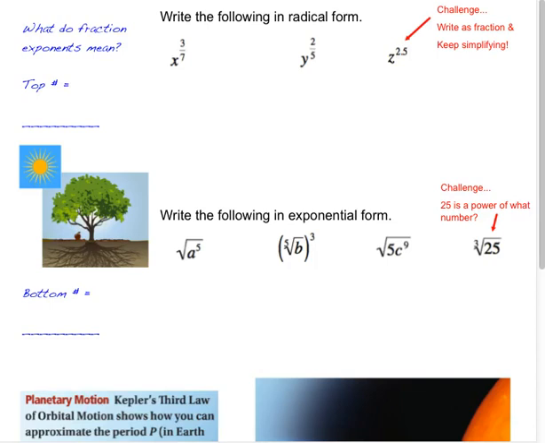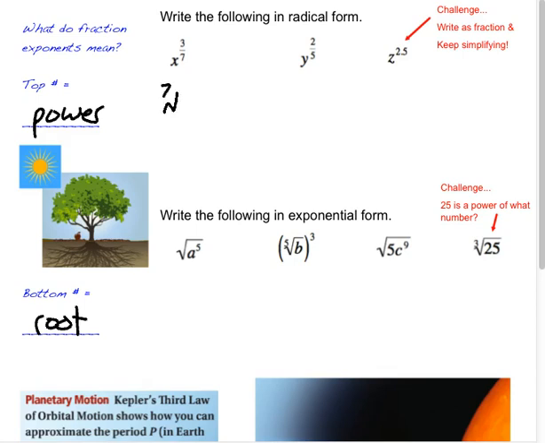So let's take a look at these. The top, remember, is always the power, like solar power, the sun. The bottom, think of the roots of a tree. The bottom is going to be the root. So let's apply that. For these, remember the root is the bottom.